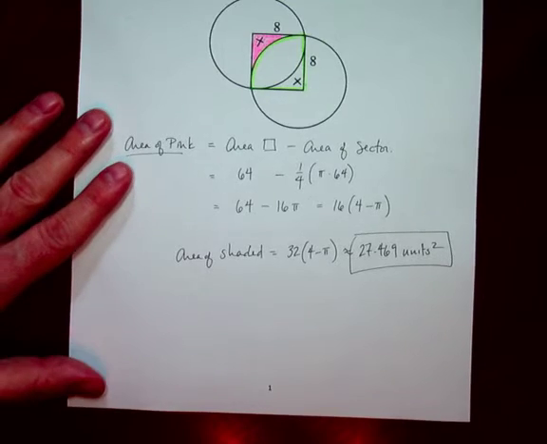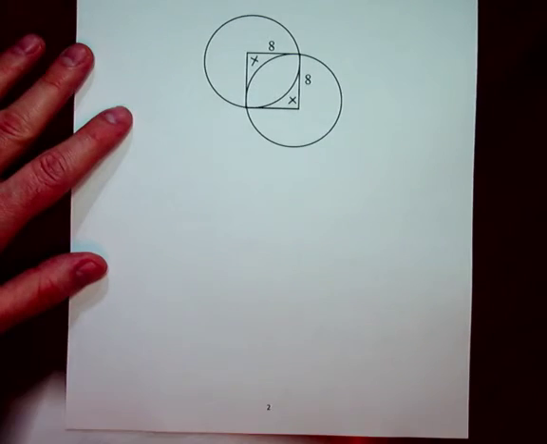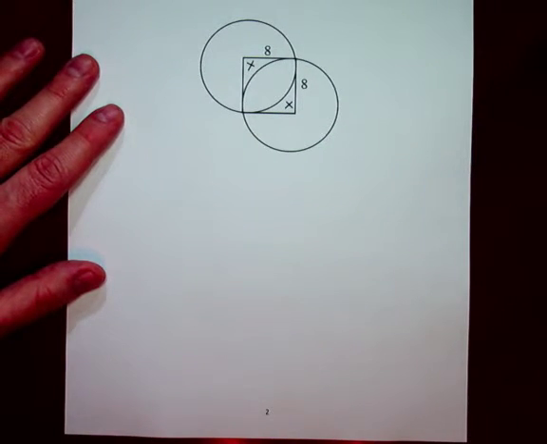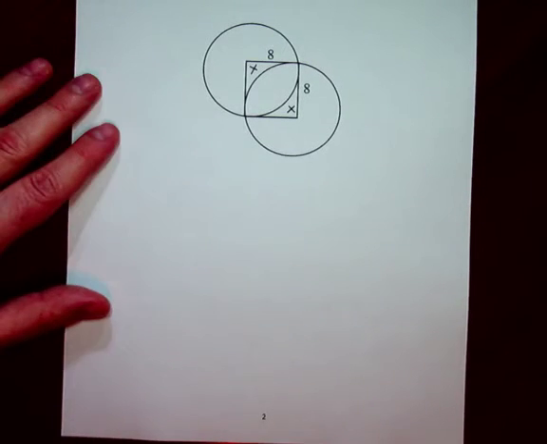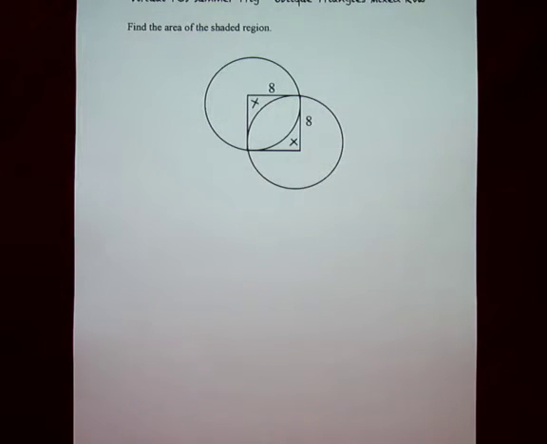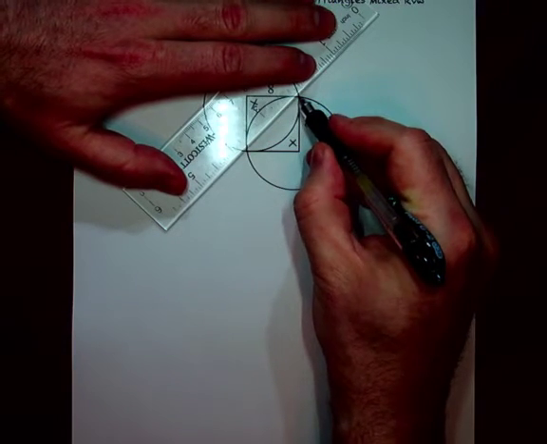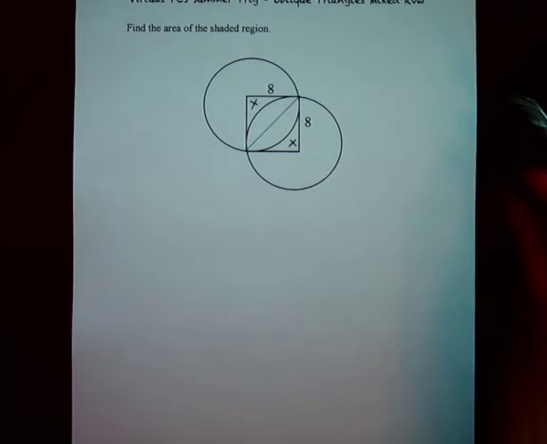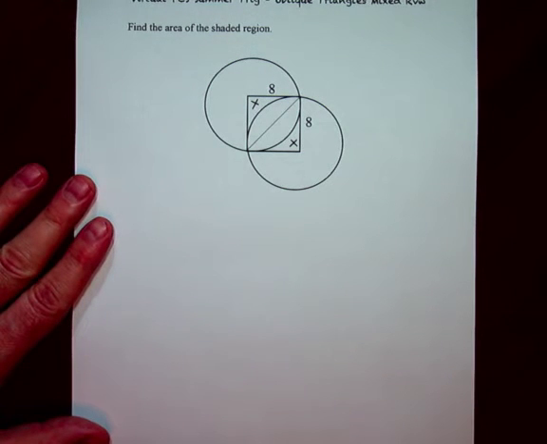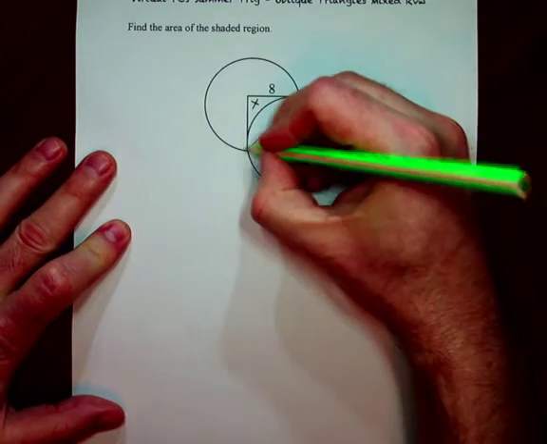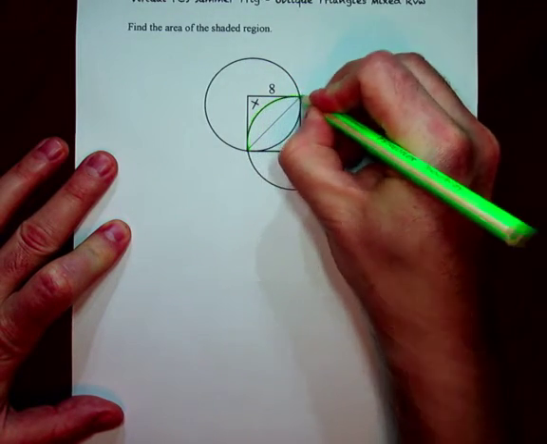Now, if you don't see that, there's still another way to arrive at that conclusion, okay? And the other way is to basically chop that thing in half by running this right here. Now, if that's the case, then basically I still have a sector, so let's still call it that, okay?